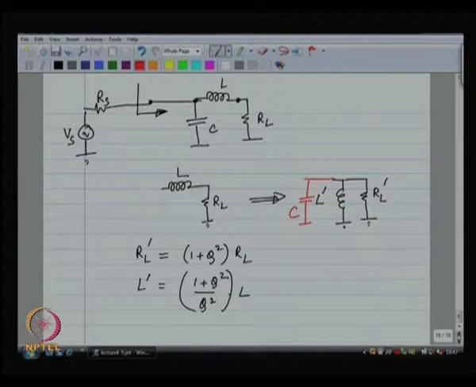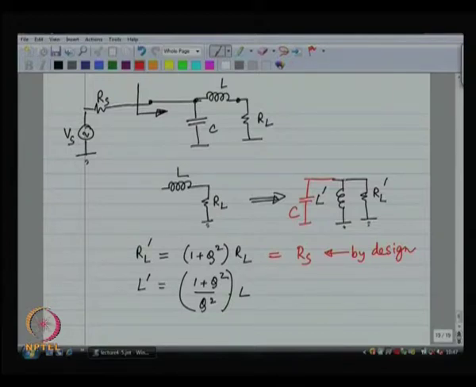So, by design R L prime has to be equal to R S for maximum power transfer. So, you can figure out what is the value of Q that you need.